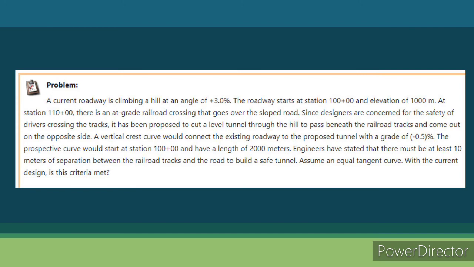A vertical crest curve will connect the existing roadway to the proposed tunnel with a grade of negative 5%. The prospective curve will start at station 100 and have a length of 2000 meters. Engineers have stated that there must be at least 10 meters of separation between the railroad tracks and the road to build a safe tunnel. Assume an equal tangent curve and check whether the design meets this criterion.